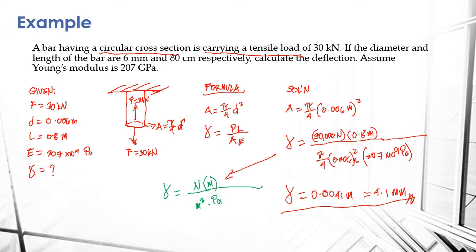Ang Newton is equal to kilogram meter per second squared, na si Pascal is equal to kilogram per meter second squared.